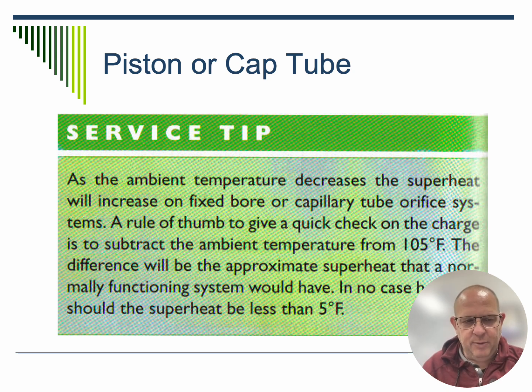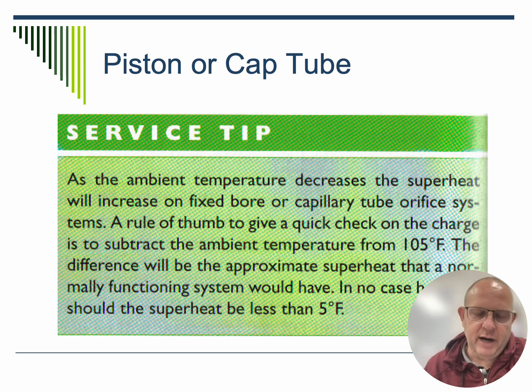So I went to do service calls and it was 60 degrees in the morning, 80 degrees in the afternoon. Well, if you're taking a unit and it's 60 degrees in the morning and you have a capillary tube or a piston type of metering device, your superheat value could be somewhere up around 40, 45 degrees. And as a new service tech coming out into the field, I looked at that number and went, no, no, no, no, I can't have that. This number should be 8 to 15 or 5 to 15. So I added refrigerant at that point to drop that superheat down.